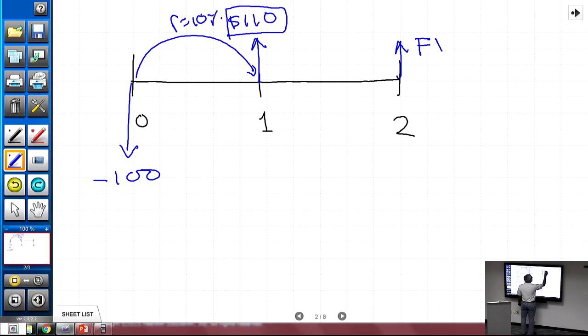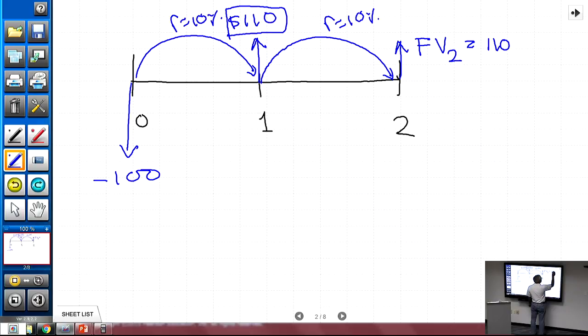In other words, what will be future value 2? Well, future value 2 would be 110, now growing at the rate of 10%. So future value 2 would be 110 times 1 plus 0.1, which would be 121.